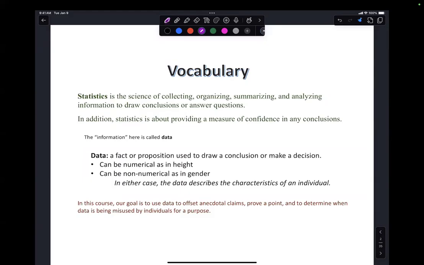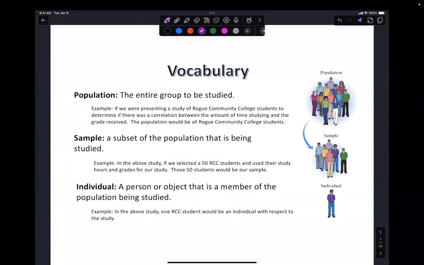Could be numerical or it could be non-numerical. Either way, it describes a characteristic of an individual. We're going to try to use the data to prove a point, to determine whether or not we're using the data correctly. And we're going to do all sorts of really cool stuff. Trust me, it's really cool stuff. So this is vocabulary that you're going to need to remember.